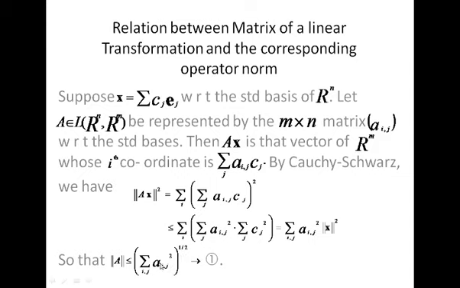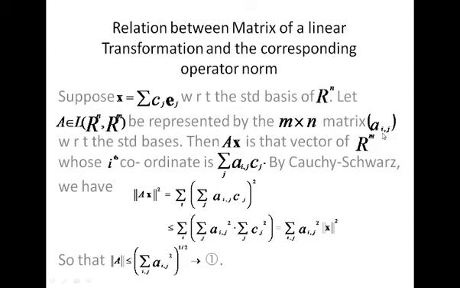Now suppose that instead of this matrix aij, my entries are functions of some parameter p. That means a11 of p, a21 of p, etc., a1n of p, etc., am1 of p, am2 of p, etc., amn of p.